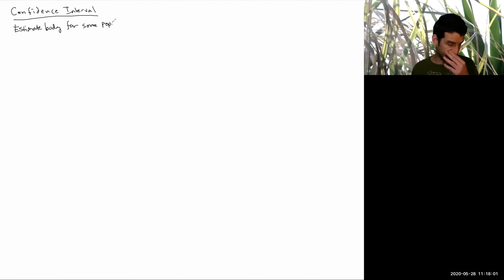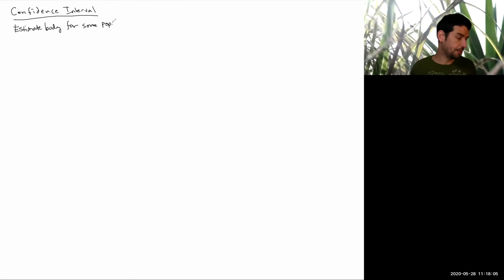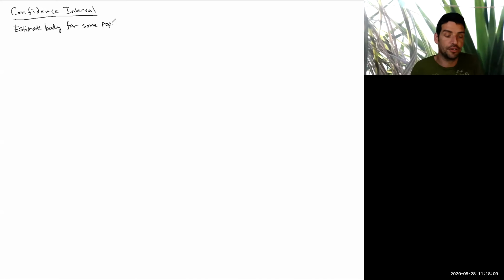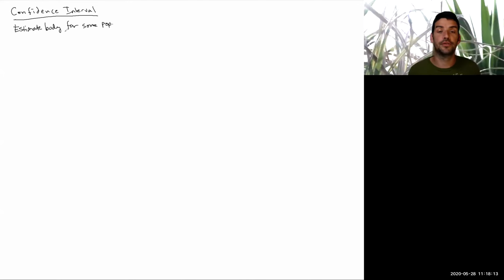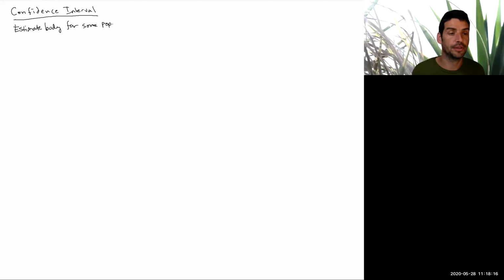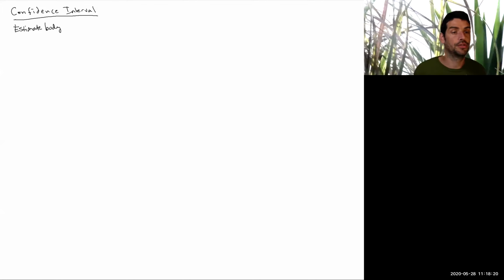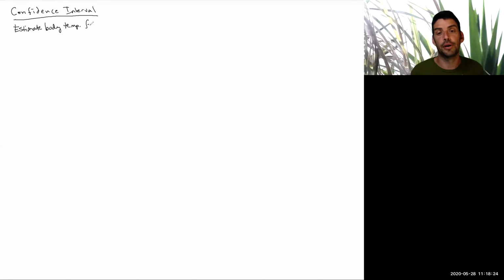So maybe it's a population of people that for some reason we believe has a slightly different body temperature than everybody else. Who knows? We're trying to estimate human body temperature for a population of humans.